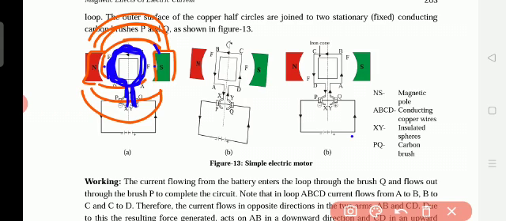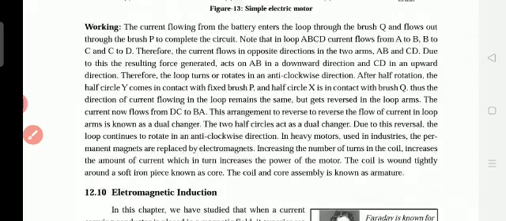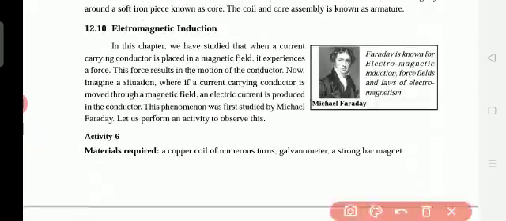Like that, this current carrying conductor will experience force from the magnetic field and will start to move. This is called electromagnetic induction.